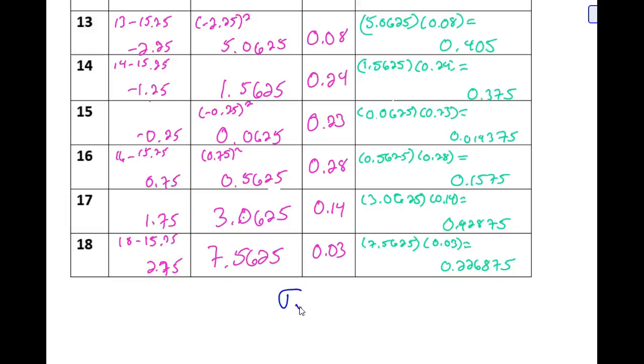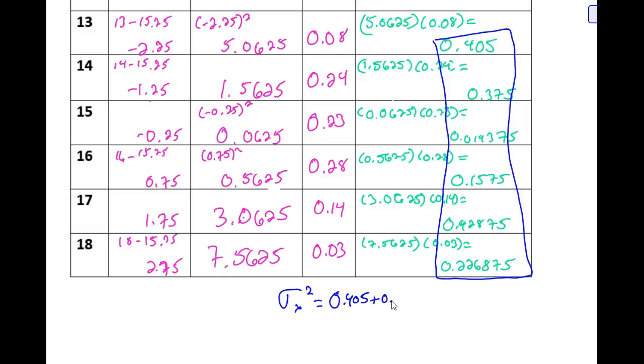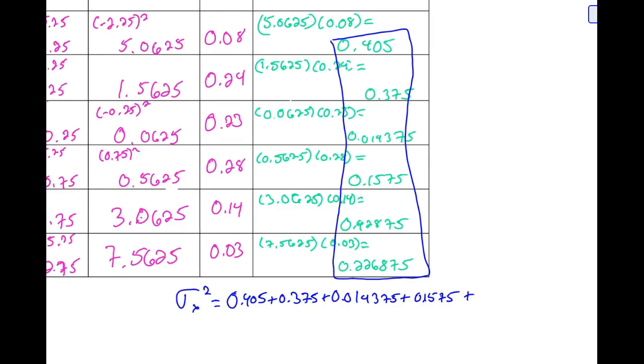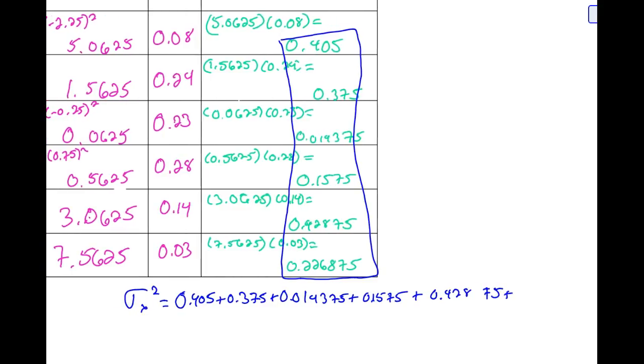So sigma sub x squared is going to be 0.405 plus 0.375 plus 0.014375 plus 0.1575 plus 0.42875 plus 0.226875.